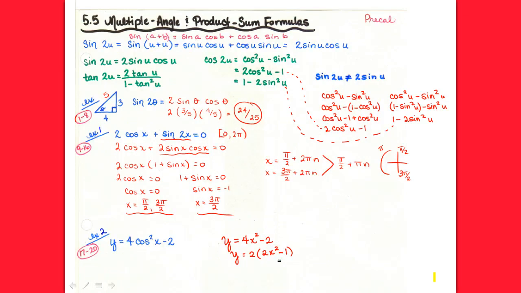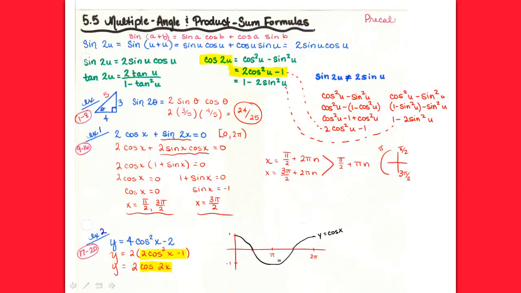Let's take out the common factor of 2, and that'll leave us with 2 cosine squared minus 1. So the same way that we did it with x, we can do it with cosine. And now if you'll notice, 2 cosine squared x minus 1 is one of our identities. It's cosine 2 theta, or cosine 2u, or cosine 2x, whatever variable you're working with.